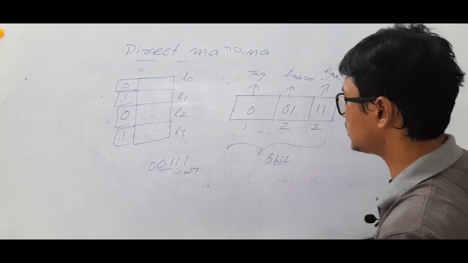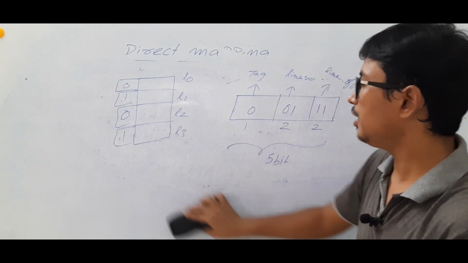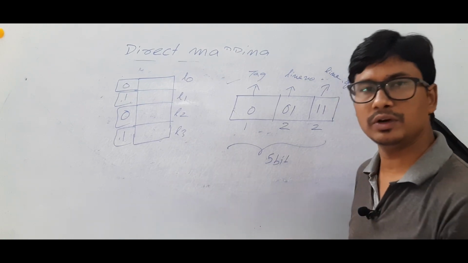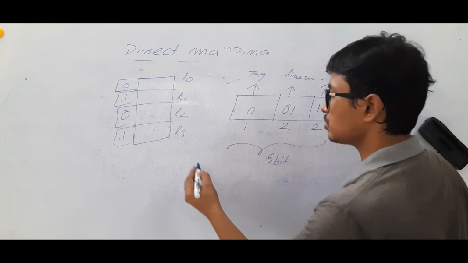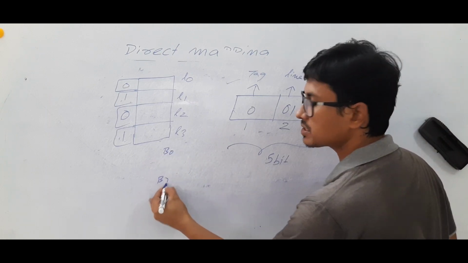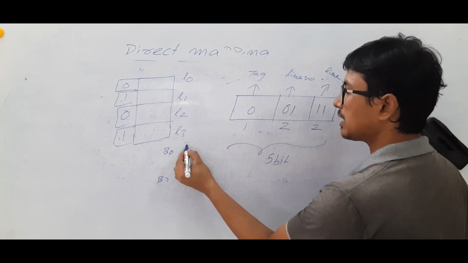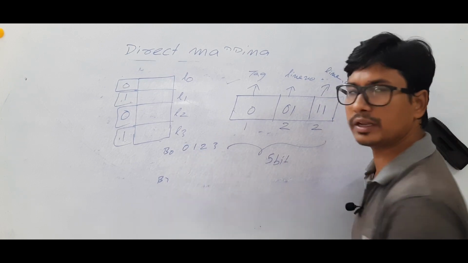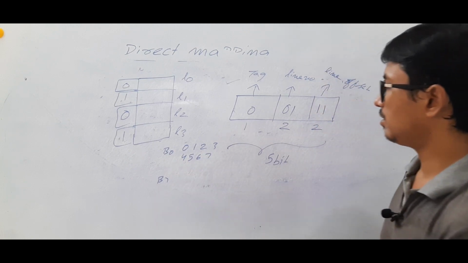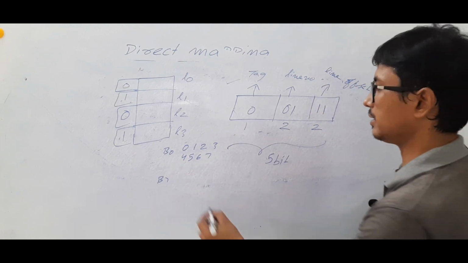Now remember one thing. In our example, 32 words are there in the main memory. So you have block number 0 to block number 7. Block number 0 will consist of words 0, 1, 2, 3. Block number 1 will consist of 4, 5, 6, 7. Are you able to understand?